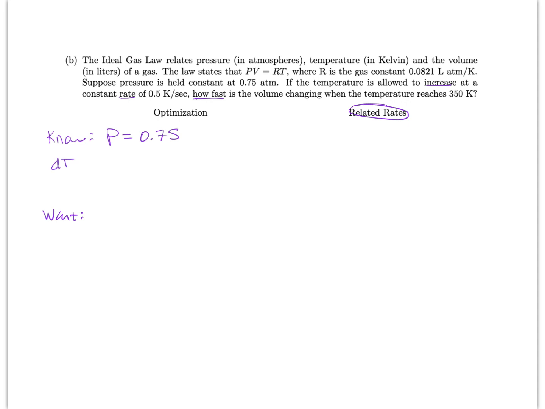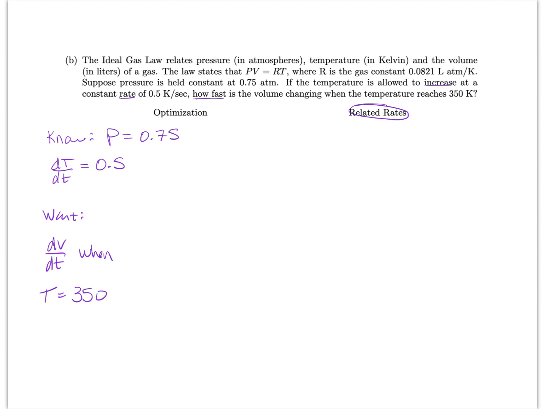So dT/dt, capital T for temperature, little t for time, at a constant rate of 0.5 Kelvin per second. How fast is volume changing? So we want dV/dt when temperature, capital T, is 350.